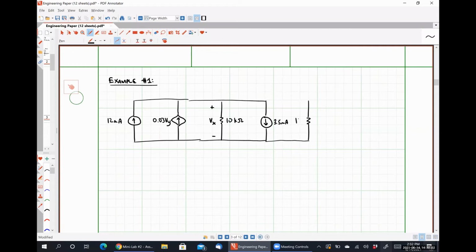Let's say that we have a 1 kilo ohm resistor here, a -2 milliamp source like so, and this is our voltage drop, Vy. And our ultimate goal in this problem is to solve for what Vx is equal to.